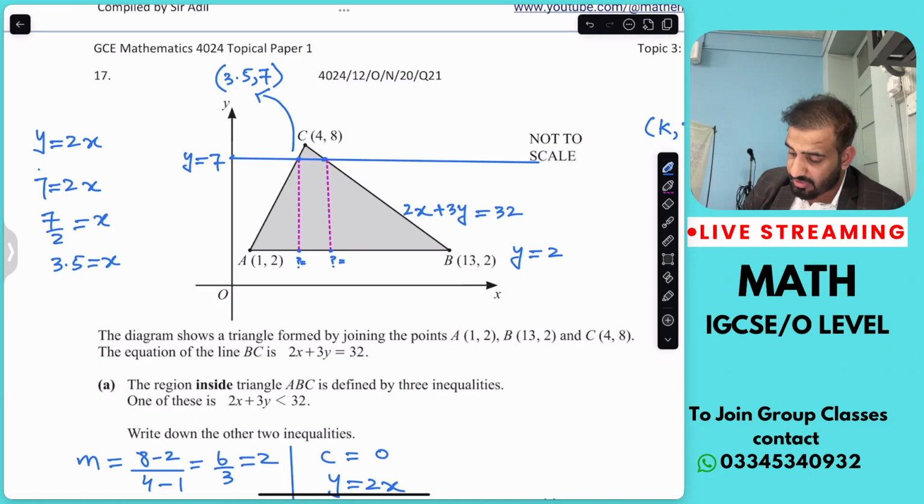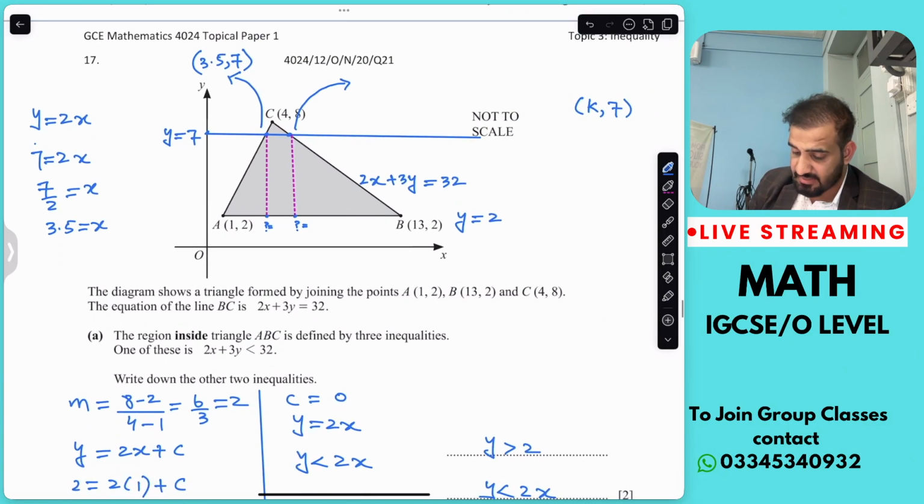Now let's find the coordinates of this point. To find the coordinate of this point, we will use the other line, that is 2x plus 3y is equal to 32. Because we have the y coordinate of this point, 2x plus 3 into 7 is equal to 32.